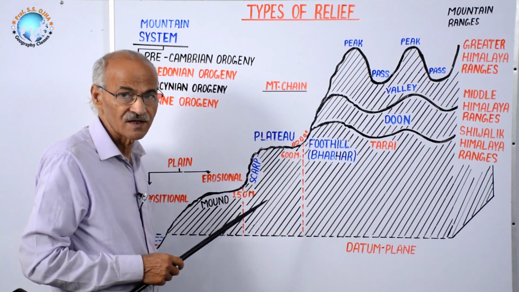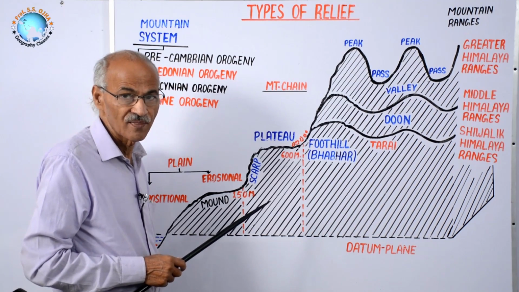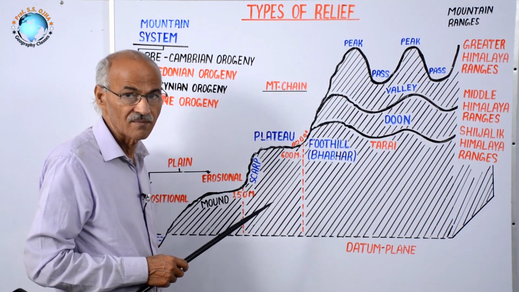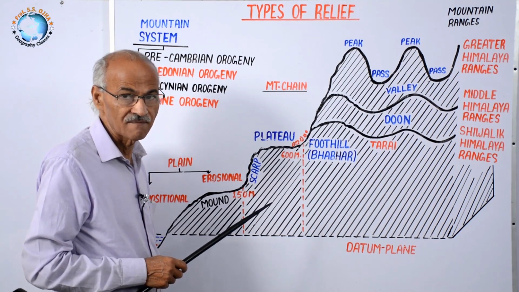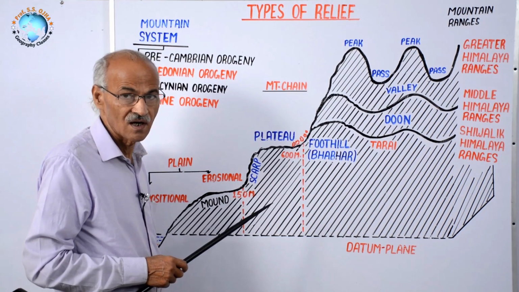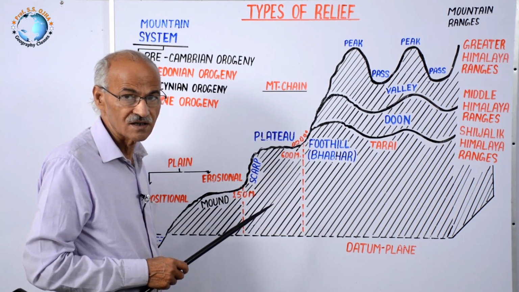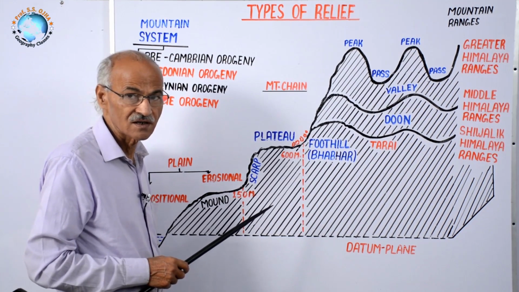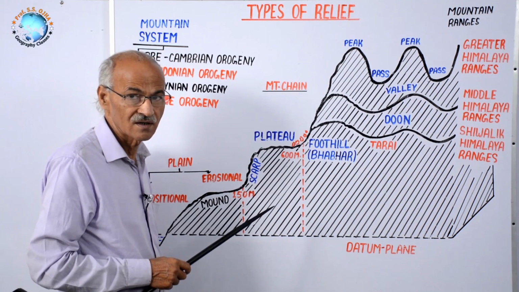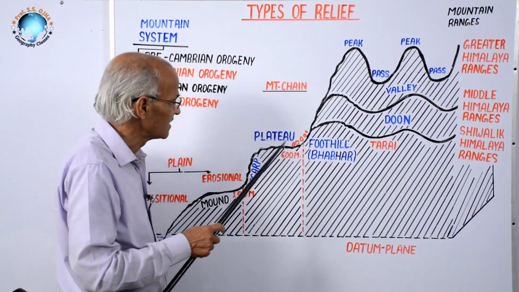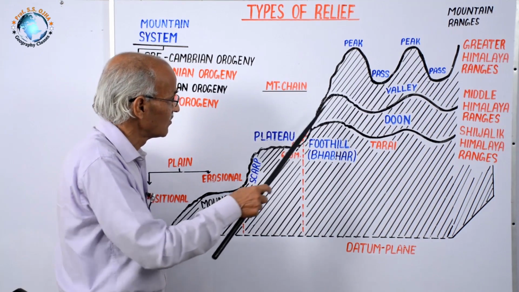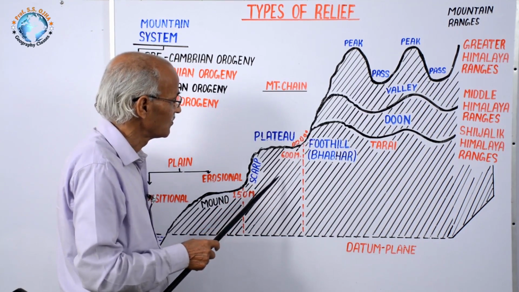For example, in India, if you go to the UP Terai or Bihar Terai, just after the plain or Terai region, there is the Bhabhar foothill, and to its exact north, mountain starts like Shivalik. So that will be discussed in India in detail, and this plateau is called foothill plateau.